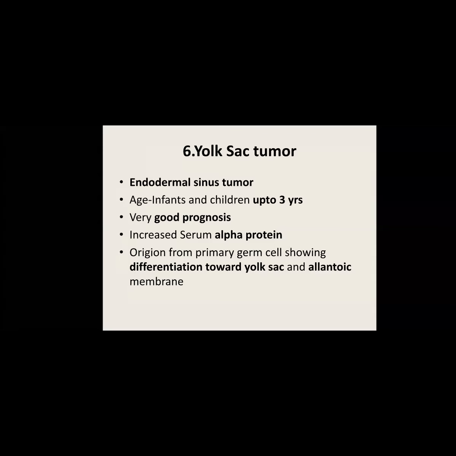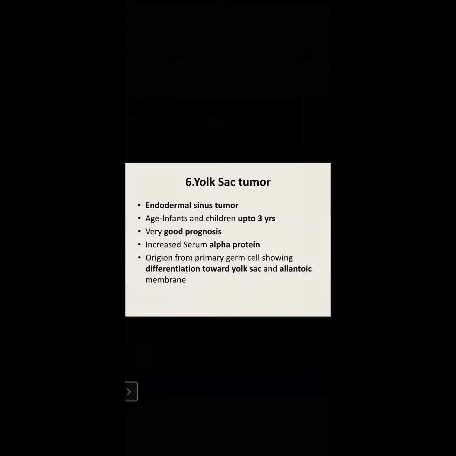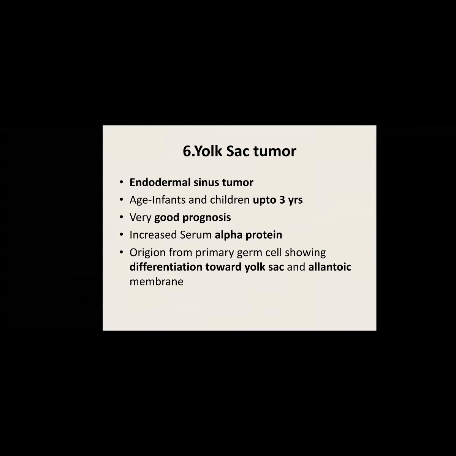They originate from the primary germ cells, and they show differentiation towards the yolk sac and allantoic membrane, forming the yolk sac tumor.